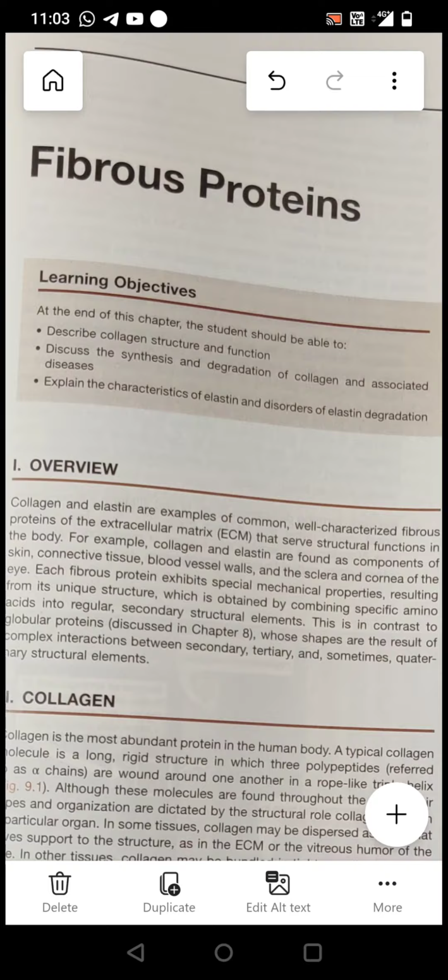Now how are they different from globular proteins? Globular proteins, you also know, are basically round shaped, whose shapes result from different types of structure, like either a secondary structure, tertiary structure, etc. Whereas fibrous proteins exhibit mechanical properties due to their unique structure, which is obtained by combining specific amino acids into regular secondary structural elements. Unlike the globular proteins, it's not like the same structure gets folded again and again.